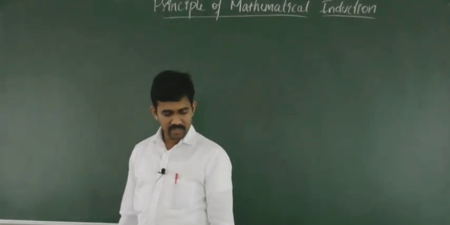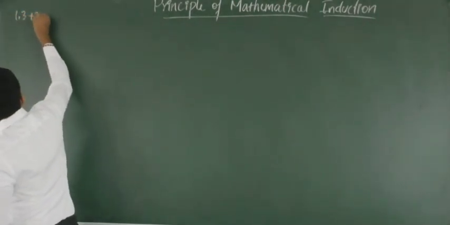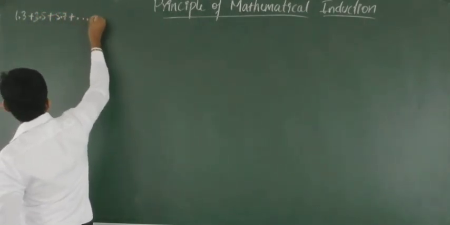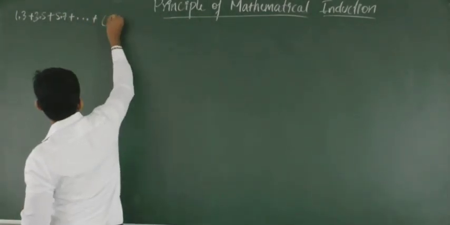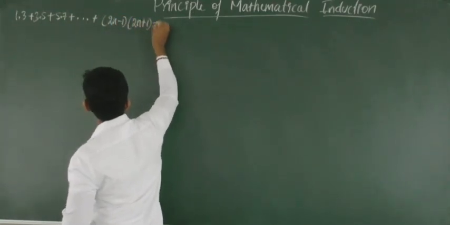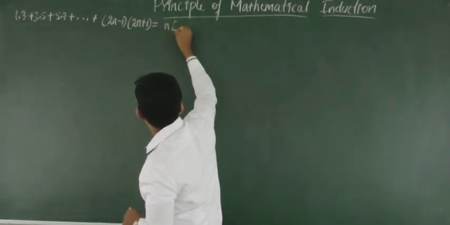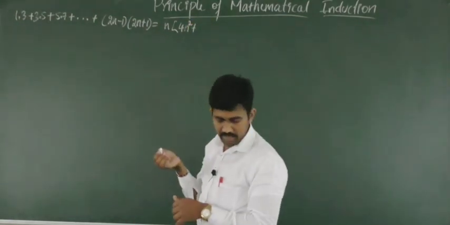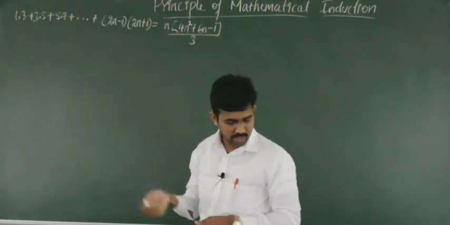So they have given 1 into 3 plus 3 into 5 plus 5 into 7 and so on, plus 2n minus 1 into 2n plus 1 is equal to n into 4n square plus 6n minus 1, whole divided by 3.